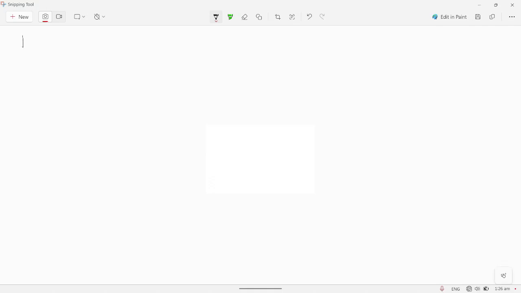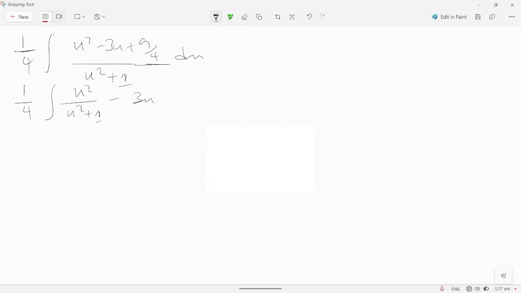So we had 1 over 4 the integral of u squared minus 3u plus 9 over 4 over u squared plus 1 du. When you divide through, you remain with u squared over u squared plus 1, minus 3u over u squared plus 1, plus 9 over 4 over u squared plus 1, du.